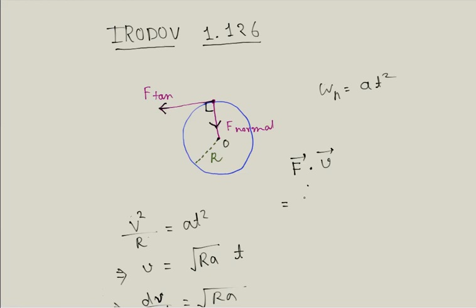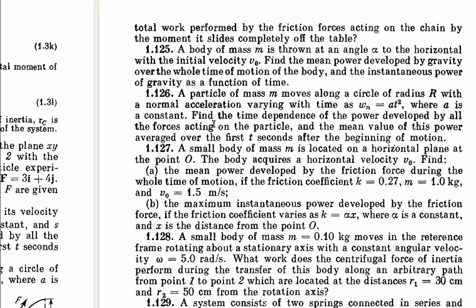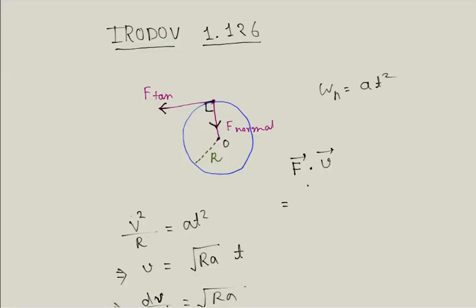So the force, as in the question it was given, is the power developed by all the forces. So there are two forces acting on the particle, one directed towards the center and one tangential. But the one thing is that the normal force is normal to the velocity vector.